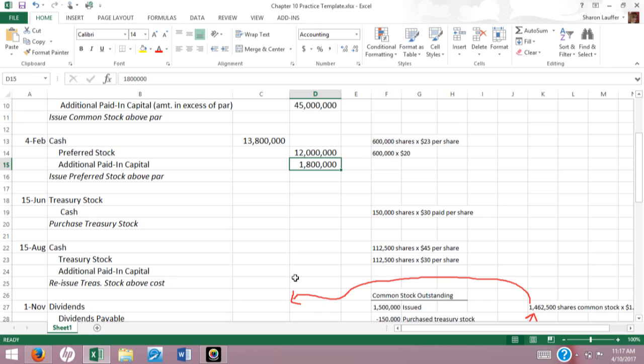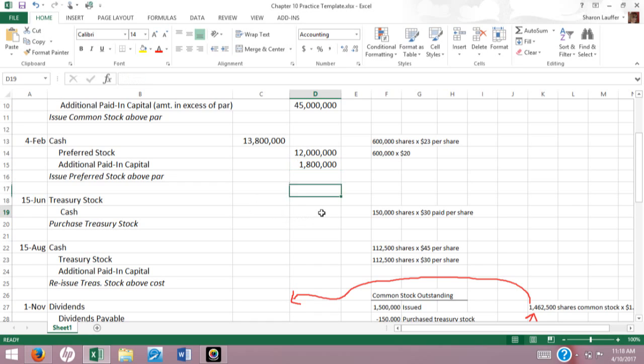And then if the amount of the sale was over par, then we're going to record a credit to that additional paid-in capital account. But treasury stock is a little bit different. When we record the sale or the purchase of treasury stock, we just are going to record that at the amount that we paid. We don't do anything with par value in that case.